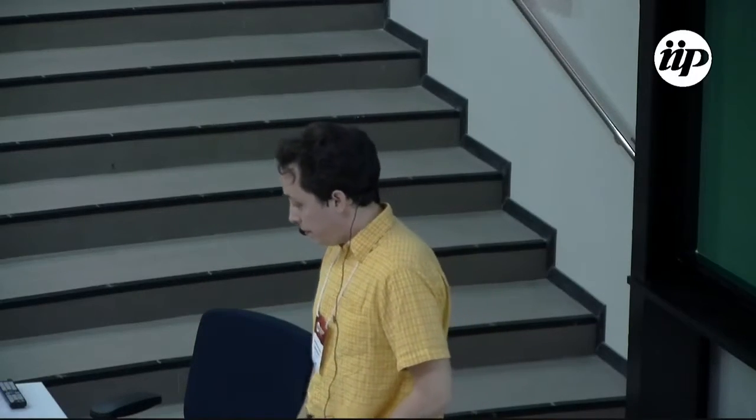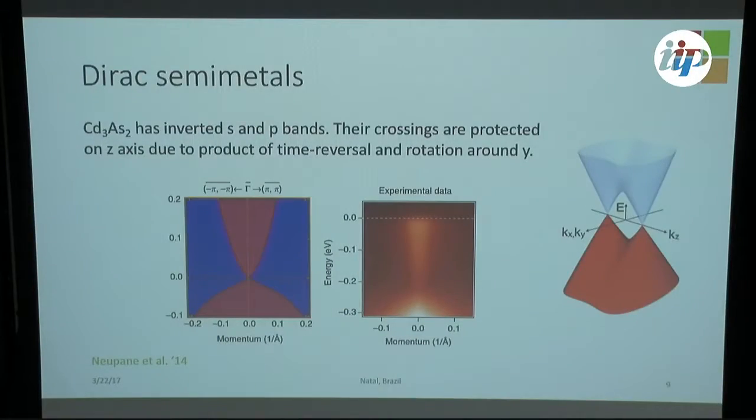For example, they can be protected by an additional pi rotation symmetry, which in combination with time reversal symmetry connects two Weyl cones located at the same position in the Brillouin zone, and then they are effectively Kramers pairs and cannot couple to each other. And indeed, it was also observed by the Princeton group. This cadmium arsenide material was shown to have bulk gapless spectra.